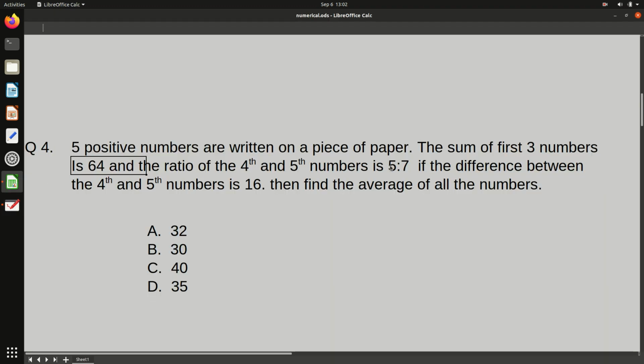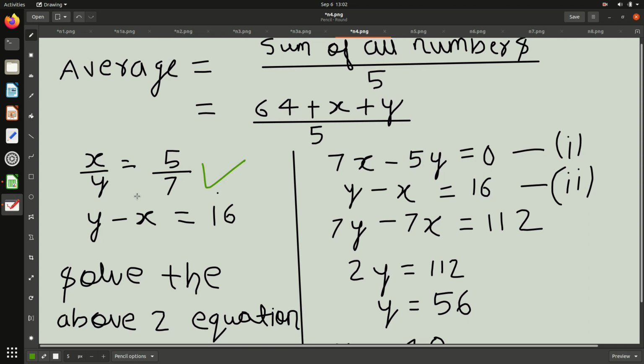Now there is one more hint, that the difference between the fourth and the fifth number is 16. So we use this information also. We will do y minus x. Why?